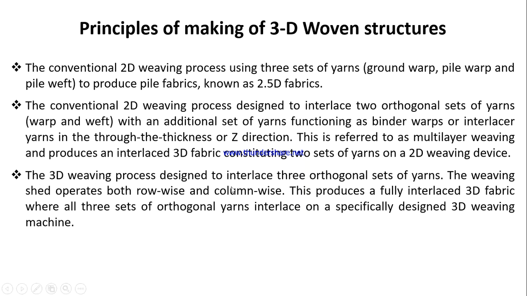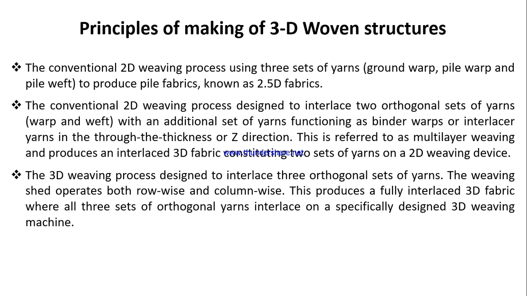The 3D weaving process is designed to interlace 3 orthogonal sets of yarn. So here, as there are 3 sets of yarn, they are to be fed into the weaving point orthogonally: x-axis, y-axis and z-axis. The weaving set operates both row-wise and column-wise. The set formation will be in both directions.